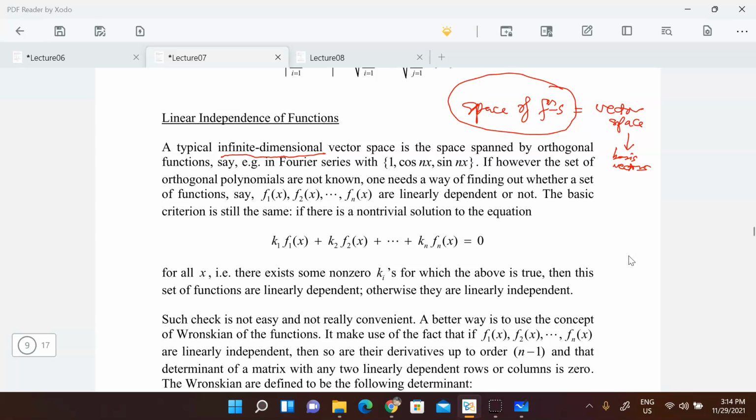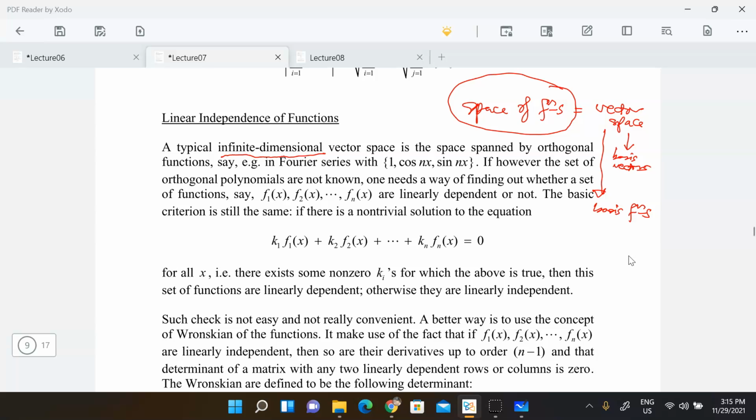For a vector space of functions that behaves linearly, one also needs the idea of basis functions. So what are basis functions? Basis functions are those that come from a linearly independent set.